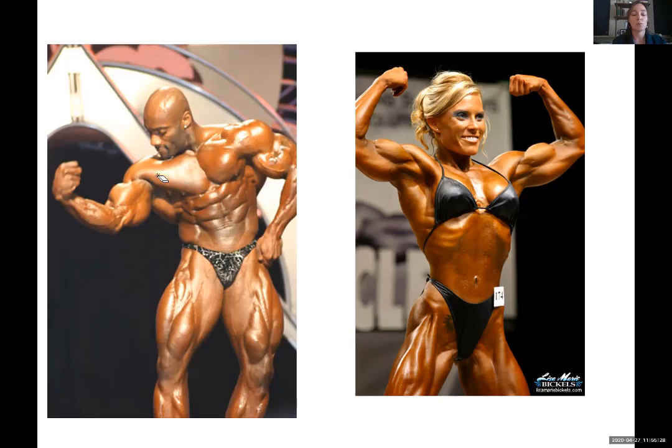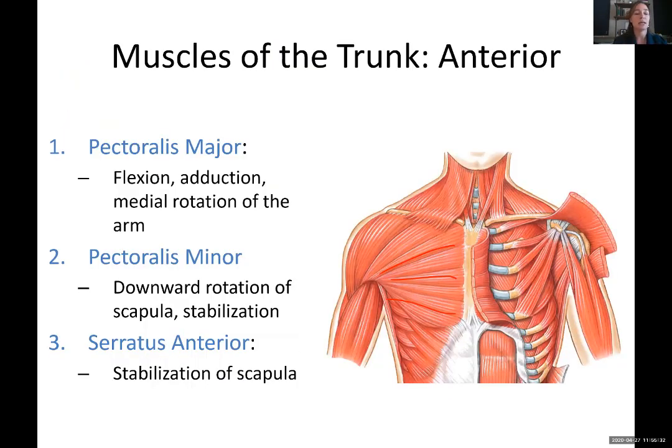And so a way to strengthen that muscle, because it does flexion of the arm. But again, it's hard to say flexion of the arm because we're thinking flexion of the arm is lifting it up and forward. This is bringing it, if your arm is out to the side, in anteriorly towards the midline.